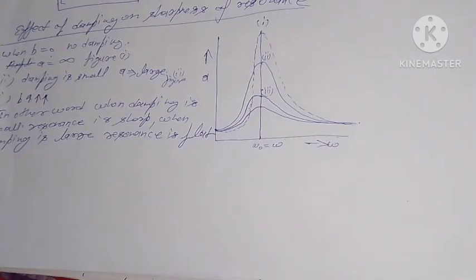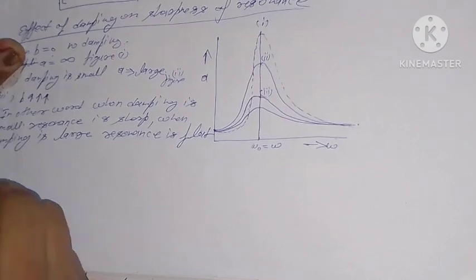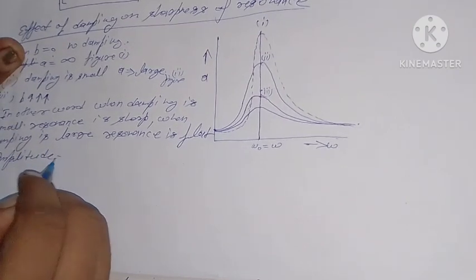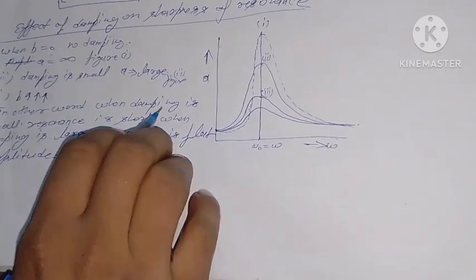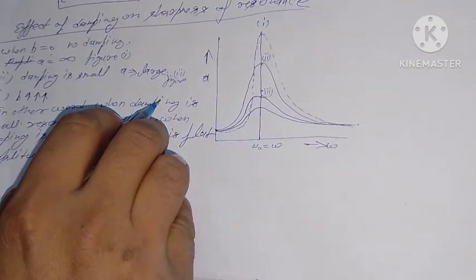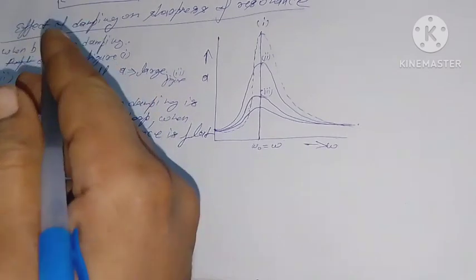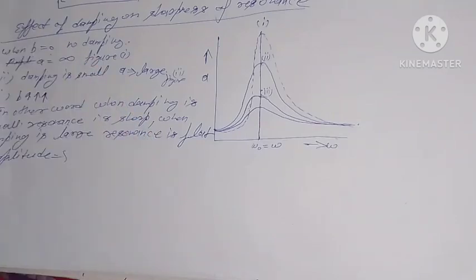Amplitude. The amplitude of the forced oscillator at resonance becomes very large. This is because resonance is due to the accumulated effect of a number of successive impulses.